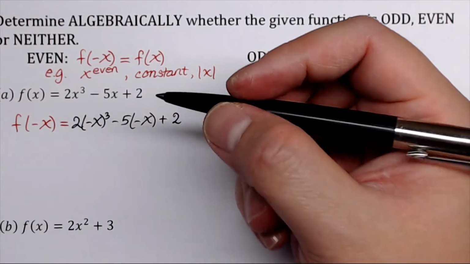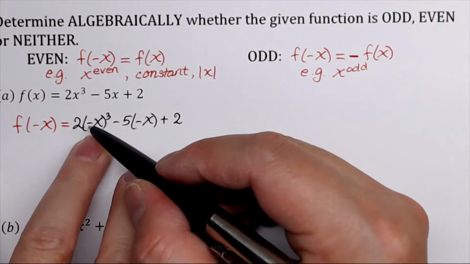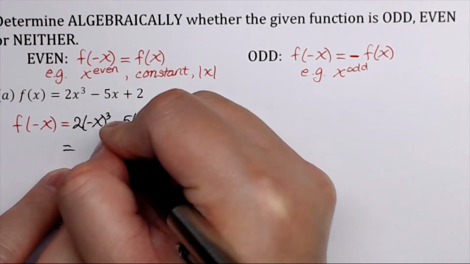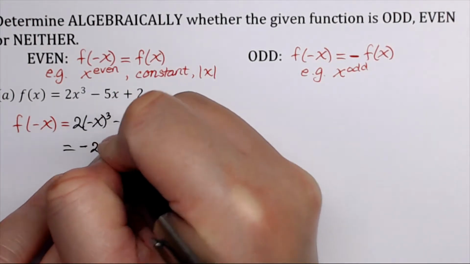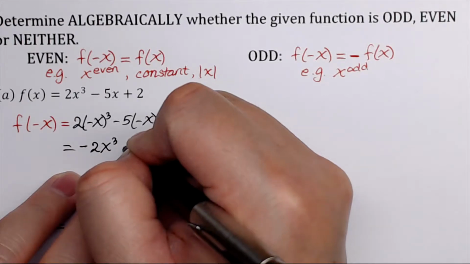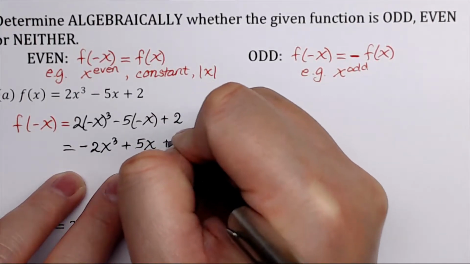Replace x with negative x, and that's what we have. So negative x to an odd power, that's the green negative signs. So this will be negative 2x cubed, negative and negative, that's the plus 5x plus 2.